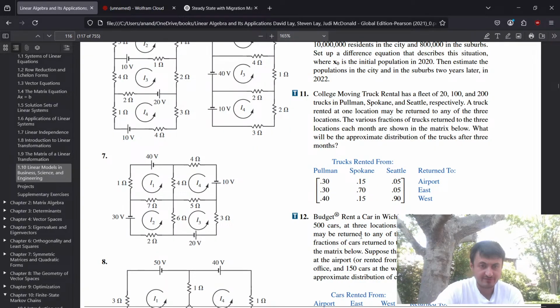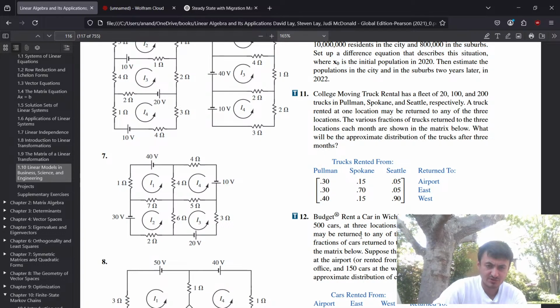So we're going to have 30, 8 plus 7 is 15. 15 I2 minus 7 I1. And then it's going to be minus 6 I3.